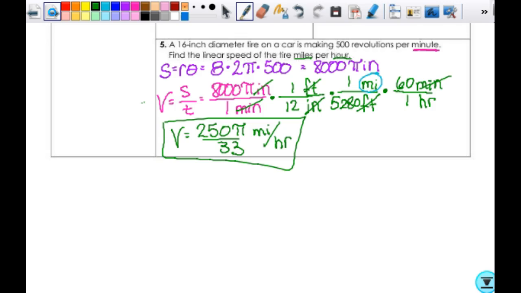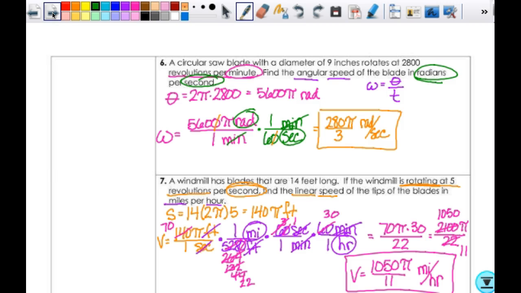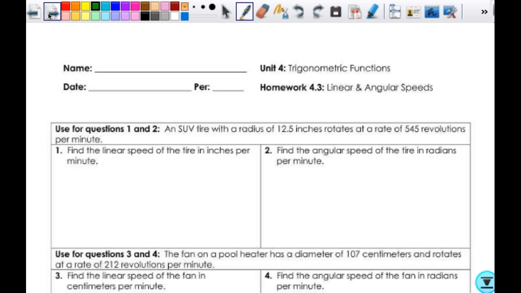Okay, so let's look at the back. Let me see. I'm going to have you do number 6. Mine will change in just a minute, I'm hoping. Oh, there we go. Nope. Did I not cancel this out? What is going on with my board?